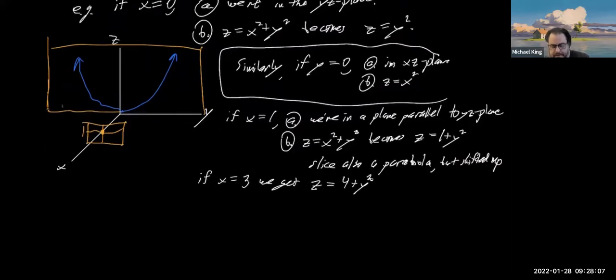Actually, I could have even said plus or minus 1 here. It's still in the plane parallel to the YZ plane if it's minus 1, but it's on the other side. So x equals plus or minus 2, we get that, and so on. We could keep making slices.